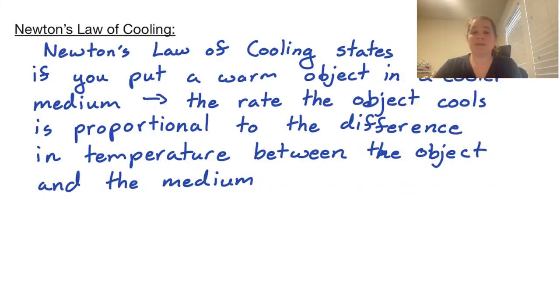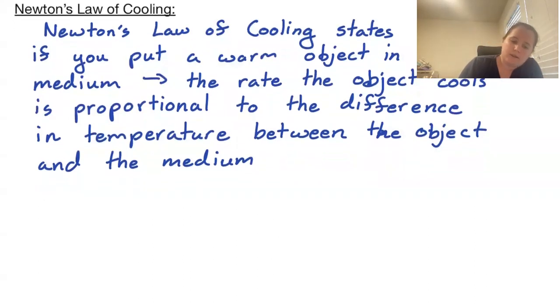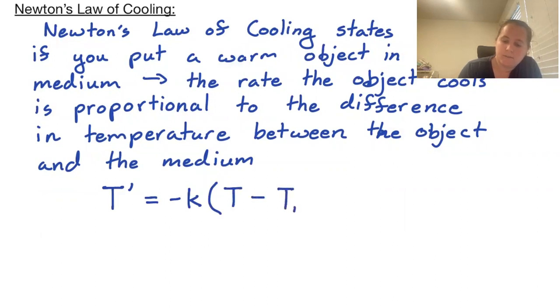So if we express this with a differential equation, essentially what we have is that our rate of change in temperature of our object, T prime, is equal to negative k. The object is cooling, so we presume that we should have a negative constant out front, times the difference in temperature, so T minus Tm.